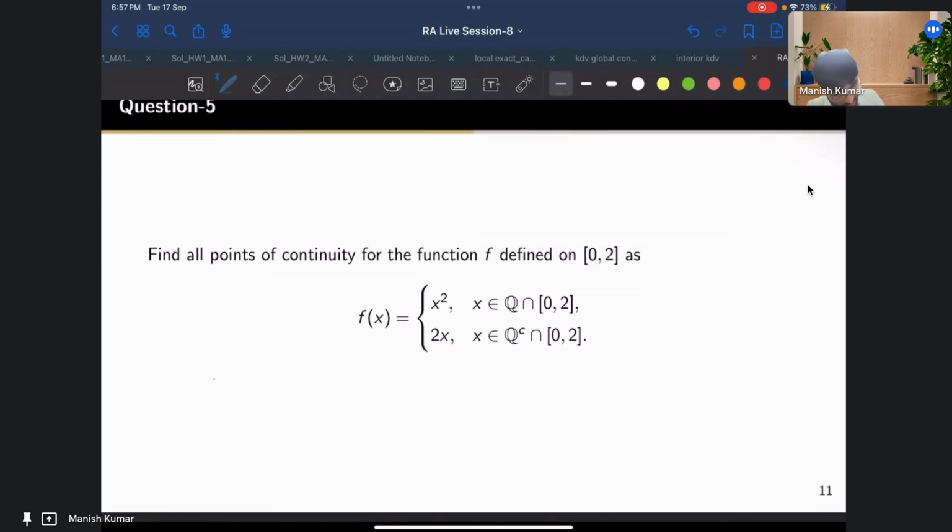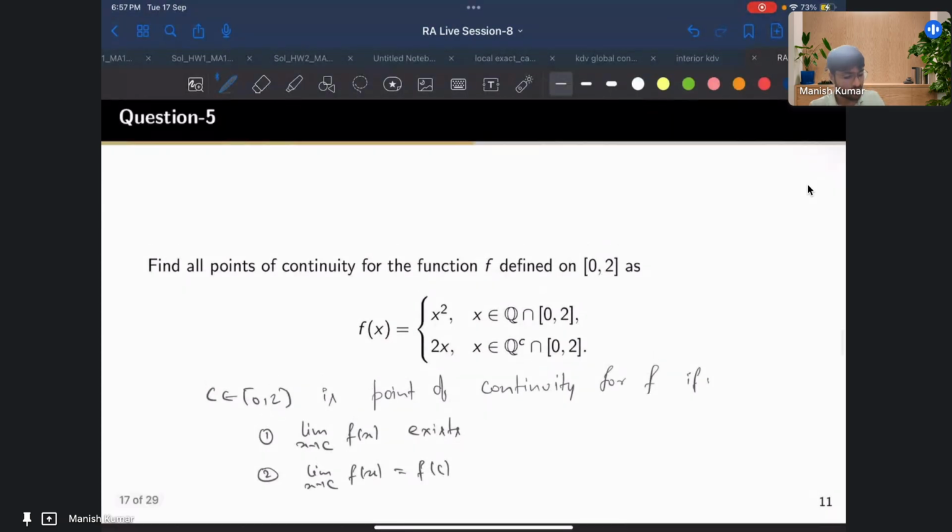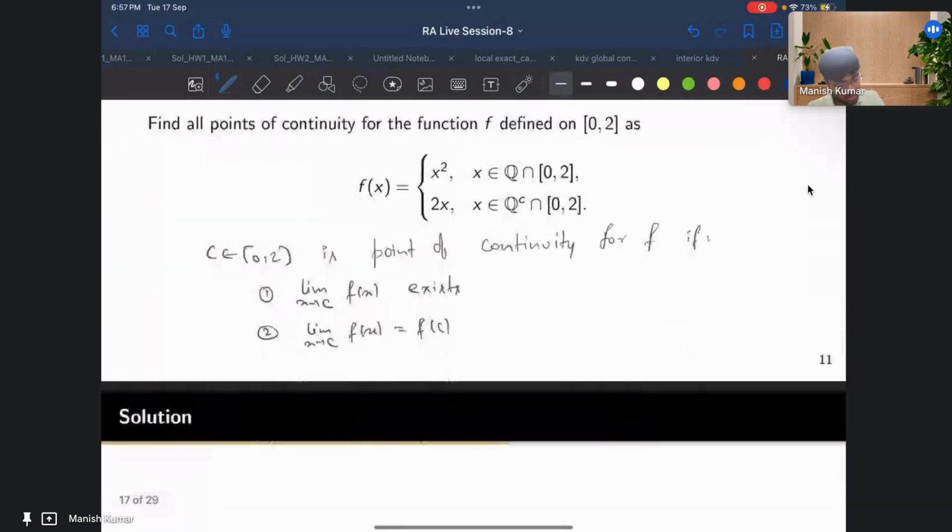C belonging to (0, 2) is a point of continuity for f if the first condition is that the limit as x goes to C of f of x exists, and the second condition is that the limit as x goes to C of f of x is equal to f of C. So you have to check these two conditions. Let's talk first about the existence of the limit.